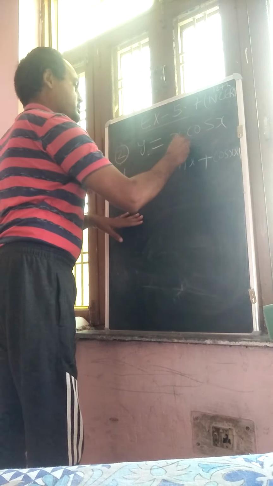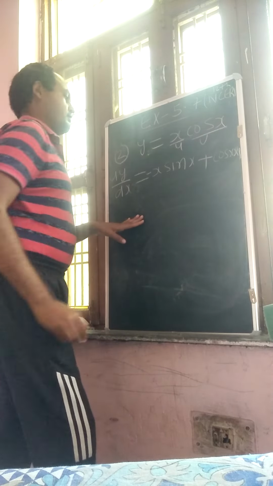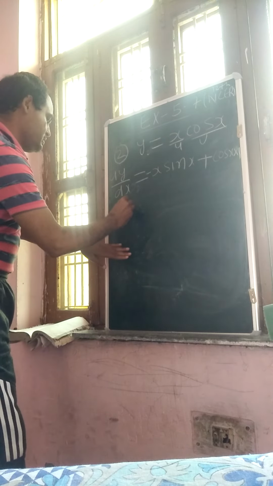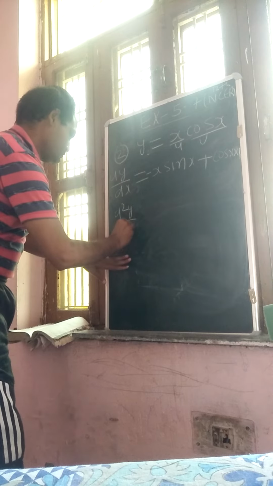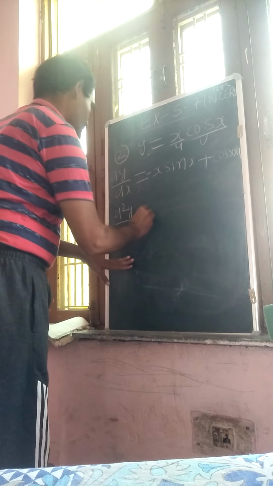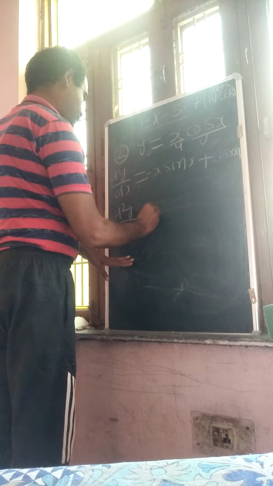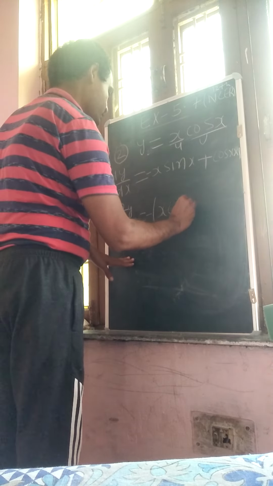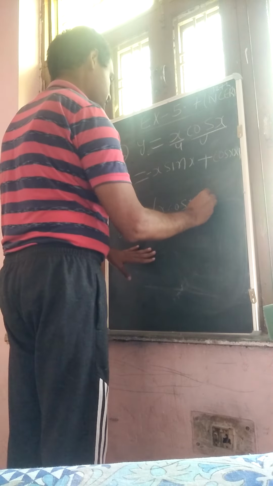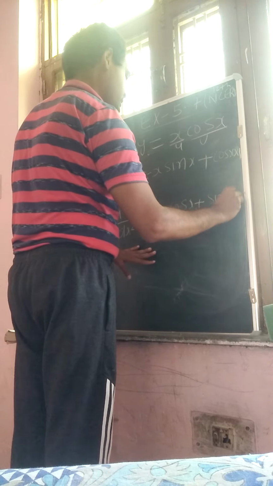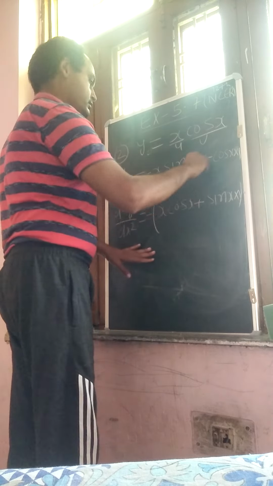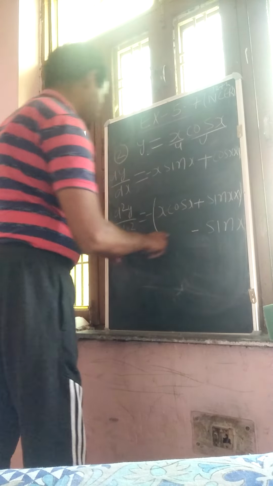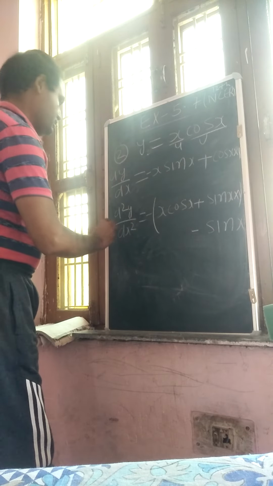This is u and this is v, a product of two functions. Then we also have to differentiate a second time. It is also called d square y upon dx square. So we have minus x sin x differentiation cos x, plus sin x into 1, and the derivative of cos x is minus sin x. Finally this is the answer, and this is the second derivative.